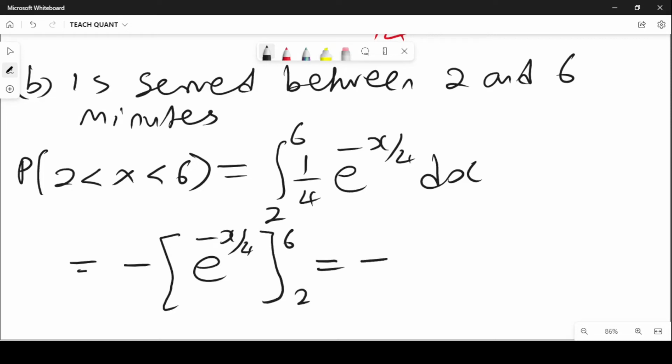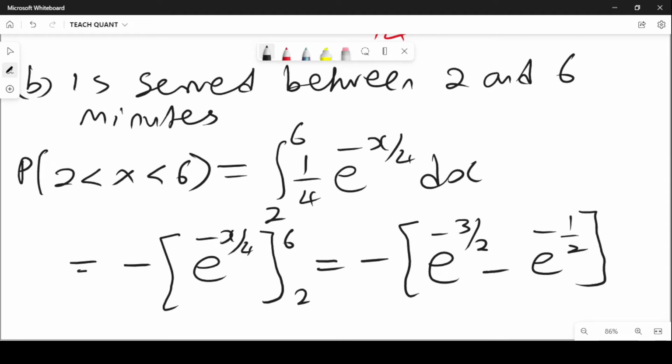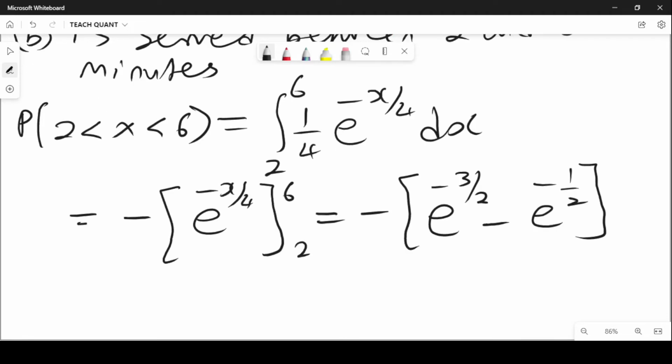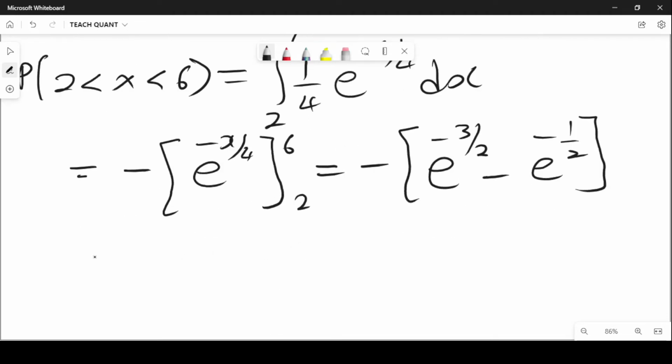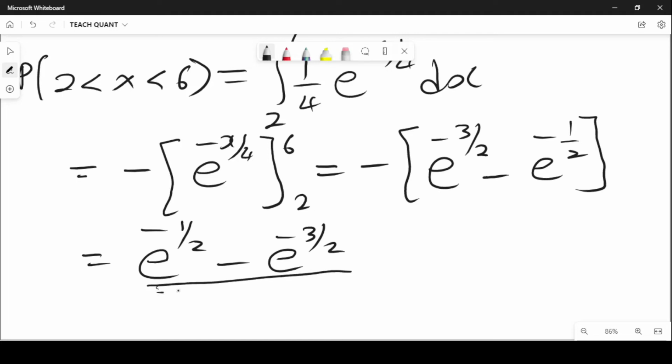So it is negative e raised to the power negative 3 over 2 minus e raised to the power negative a half. And when I do away with the negative sign, it will be equal to e raised to the power negative 1 over 2 minus e raised to the power negative 3 over 2. And that is the probability that the person will be served between 2 and 6 minutes.